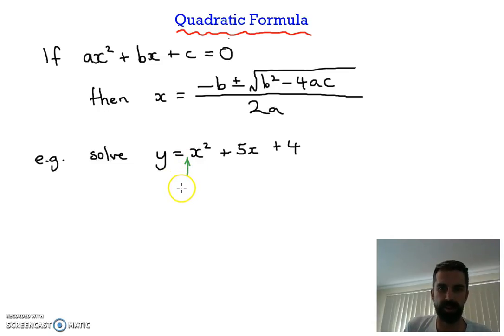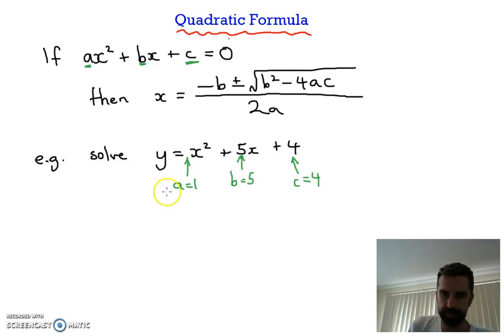Since there's no number in front of x squared, we know that a must be equal to 1, because if you've got a 1 in front of an x squared, you don't write it. The number in front of x gives us b, which in this case is 5. And the number on the end is our c, which is 4.